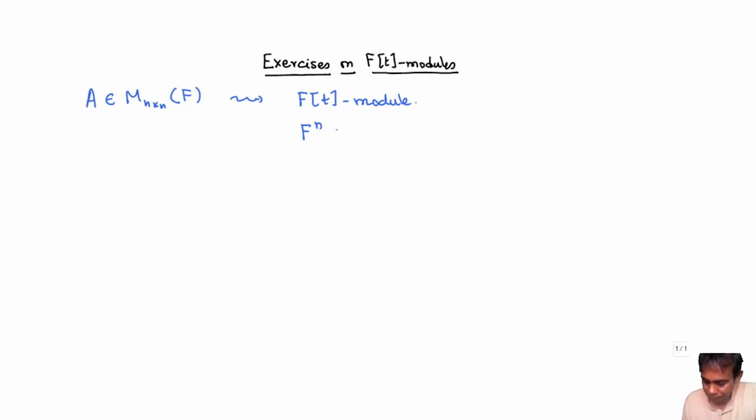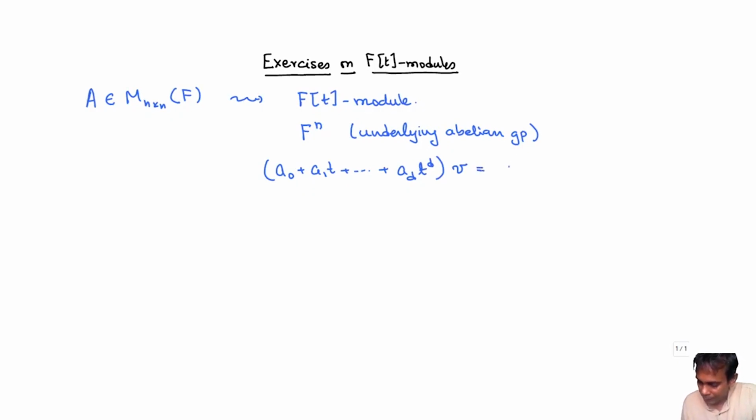and given a polynomial a0 plus a1 t plus ... plus ad t to the d, this acts on a vector v belonging to F^n by (a0 plus a1 times the matrix A plus ... plus ad A to the power d).